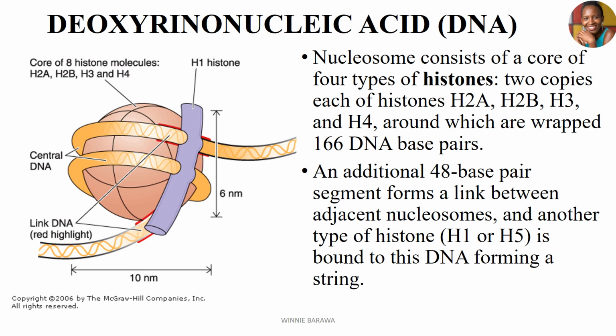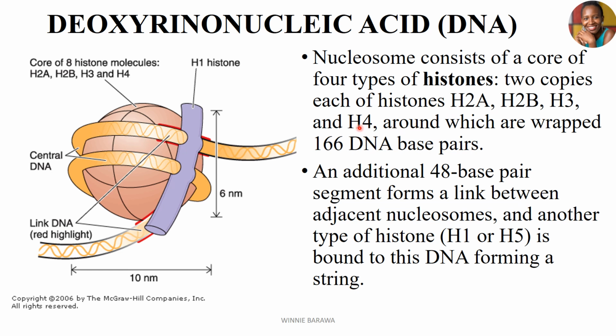So we are saying the nucleosome is an area where the DNA has condensed around proteins that we are calling histones. Histones are not just proteins per se, but unique proteins that exist as histones of different types. So we have histone types that we call H2A, we have H2B, we have H3, and also we have H4.